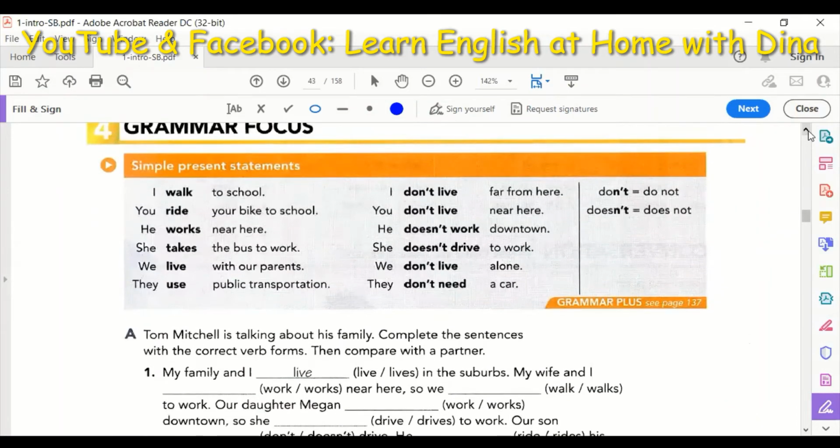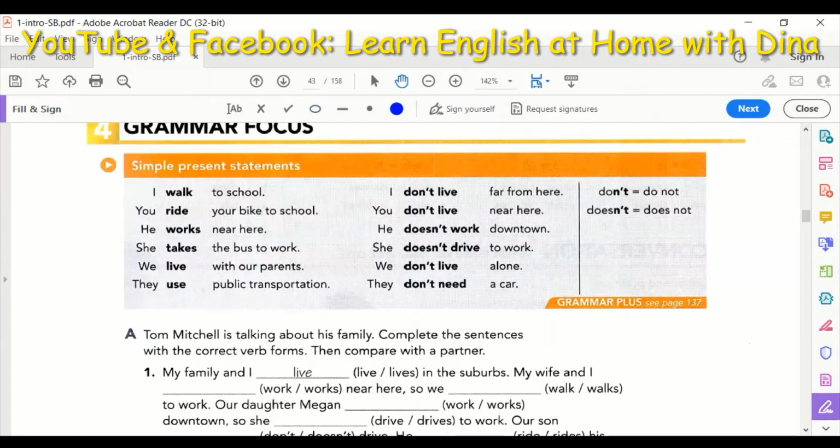I'm going to play the audio for you. هشغل لكم الأوديو بتاعه. Listen carefully and try to repeat. اسمعوا، وانتوا بتسمعوا حاولوا تكرروا اللي بتسمعوه. Okay? I hope that's it. Page 38. Exercise 4. Grammar focus. Simple present statements with irregular verbs.